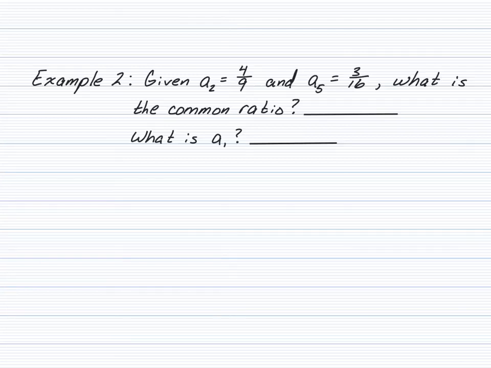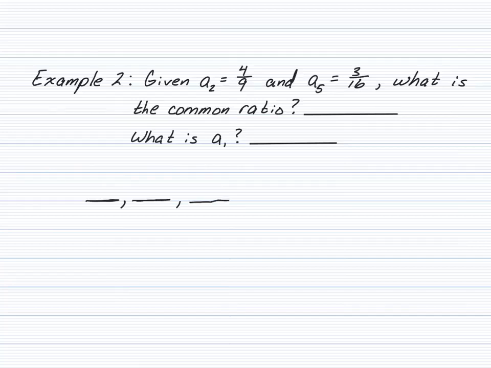All right, so in this problem, we are given your second term is 4/9, and your fifth term is 3/16. And we want to know what is our common ratio and then what is our first term. All right, so I'm just going to write this out kind of like I did on the previous problems here, just so you can get a little visual of this.